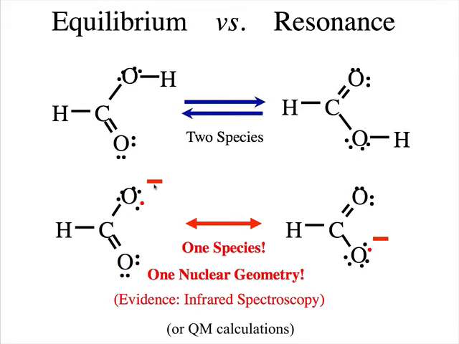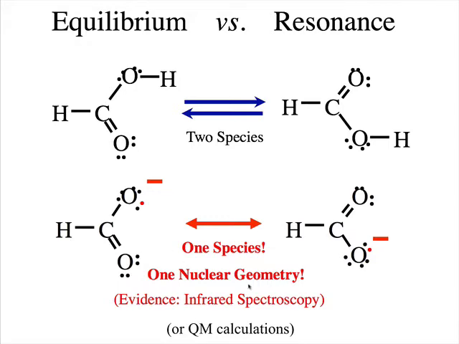That negative charge is being spread out between the two oxygens, but these bond lengths are not shifting from being long to short or short to long. And we have evidence for this when it's not a radical, but instead an actual negative charge. Rather than using electron paramagnetic resonance, we can now use infrared spectroscopy to see these geometries and see that there's only one actual geometry here.